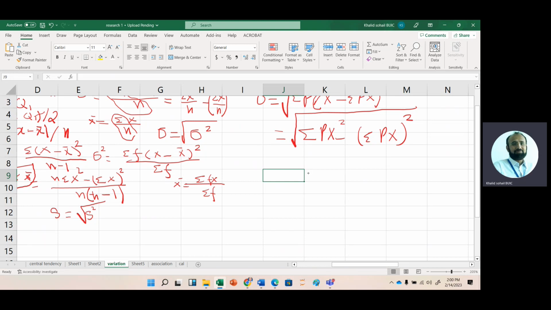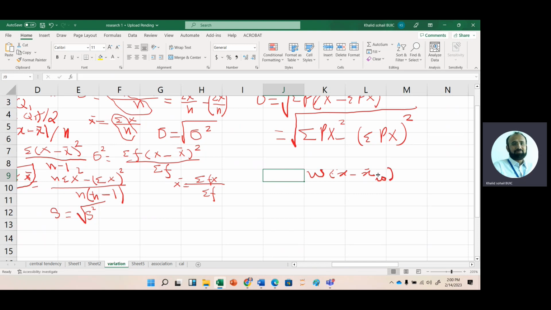First we write the weights multiplied by the deviation. Here in the deviation, we use the weighted average, whereas in simple deviation we use only the simple mean. Here we use the weighted mean.